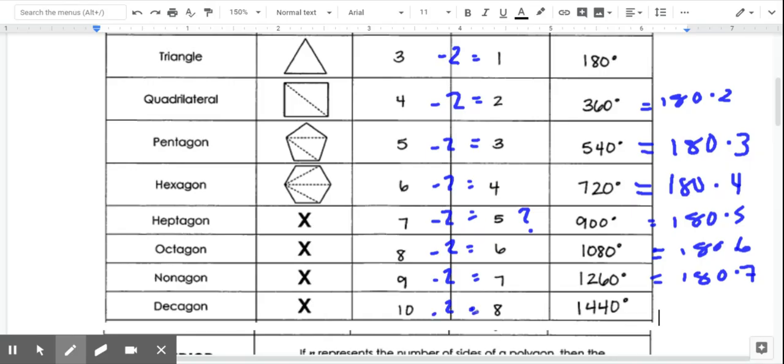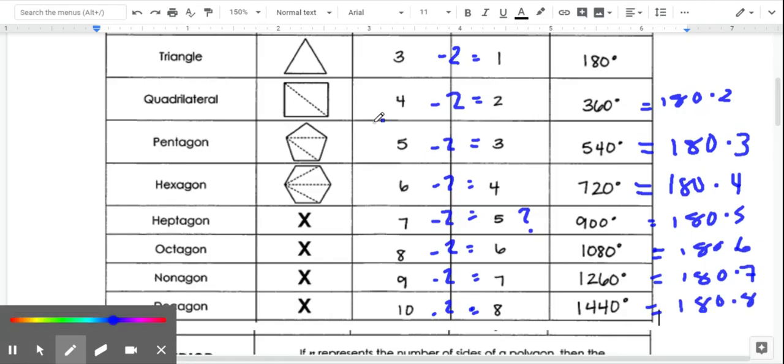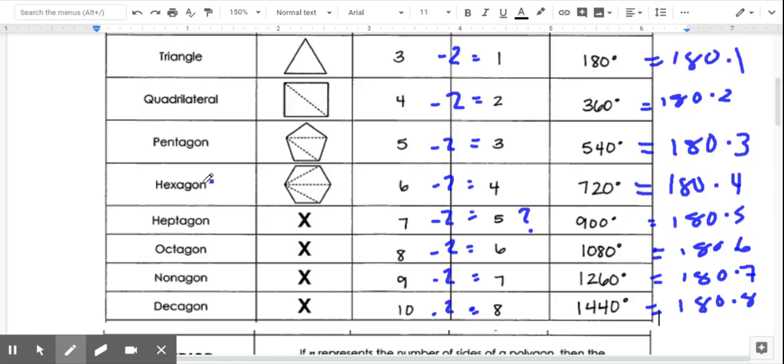We're going to turn this pattern into a rule. If you know how many sides a shape has, you can find the sum of the interior angles by taking the side number, subtracting 2, and then multiplying that by 180, and that works every single time.